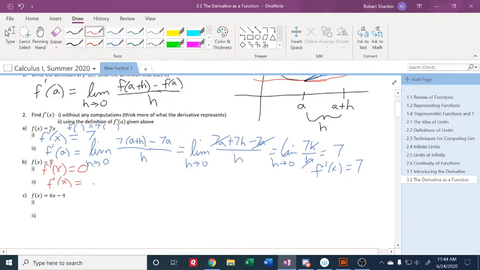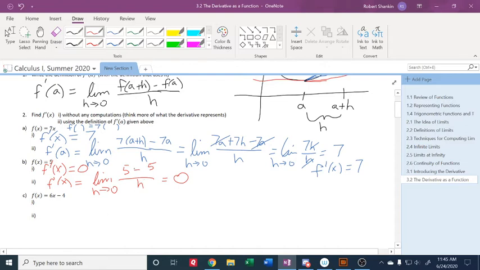And then I'm going to do the limit as h approaches 0. F of x plus h, but f of anything is 5. F of x, well, f of anything is 5, over h. That's 0 over h, which is 0. And that agrees with my answer.